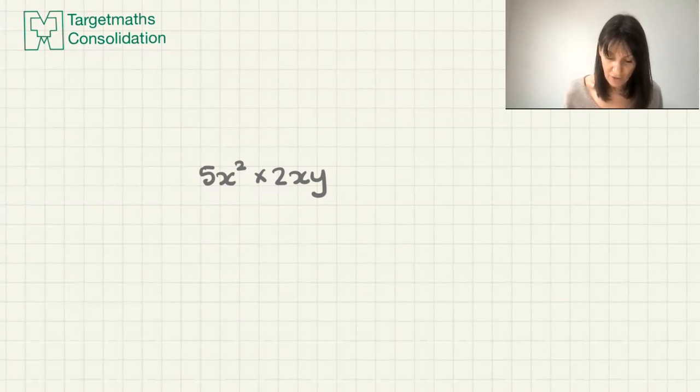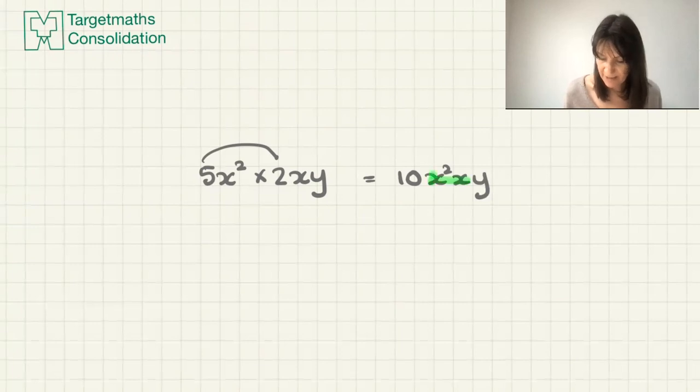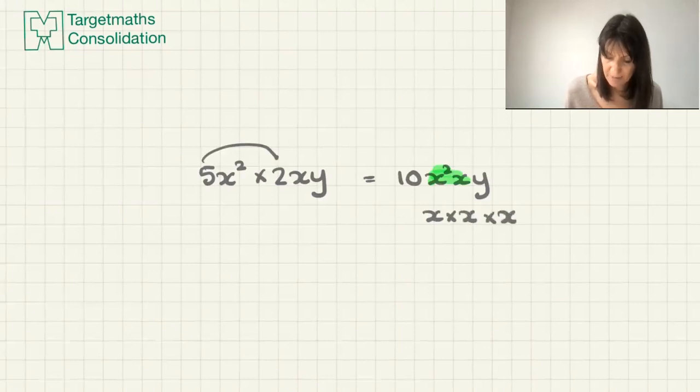Okay, so I've got 5 times 2, which is 10. Then, if I squash everything together, I've got x squared, x, and y. So there's something going on here, isn't there, that I need to be aware of? I know that x squared means x times x, and then I know this third x getting multiplied in. So I've got my x squared there, and then I've got my third x there.